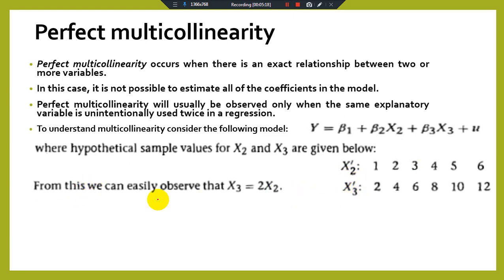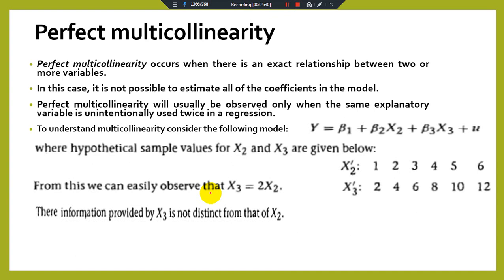See here we can easily observe that if we multiply x2 by 2, then we get x3. This means that x3 is a linear multiple of x2.